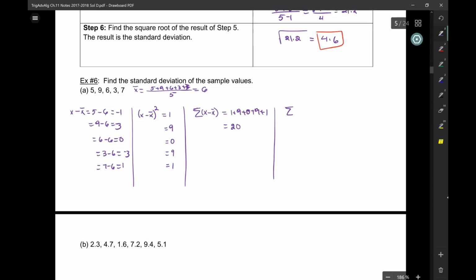Then I do that over n minus 1, so that's 20 over 5 minus 1, so that's 5. And then finally, I take a square root of all of that mess.